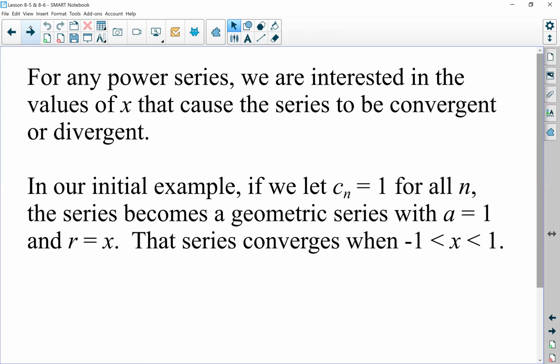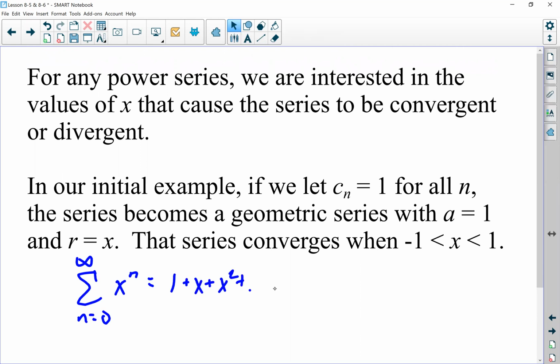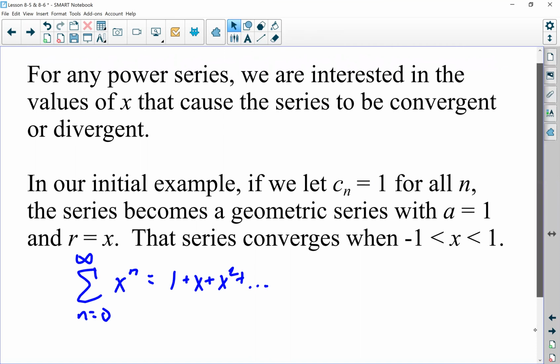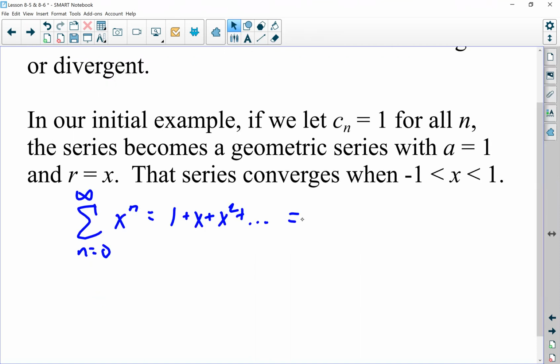In fact, we can represent that series with a function. And so we said this was 1 plus x plus x squared plus dot, dot, dot. And the function that we can use to represent that is actually the formula for the sum of a geometric series.